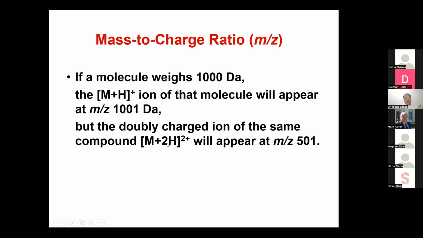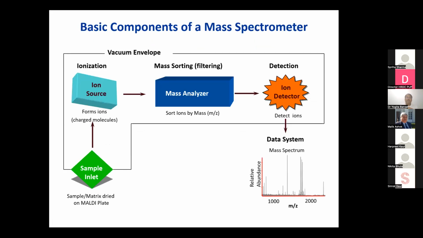So if two protons are attached to the molecule, the charge will be 2. So it will be detected not as 1001, but as 1002 divided by 2, 501. This is how the molecules are detected in the form of ions in a mass spectrometer as a mass to charge ratio.